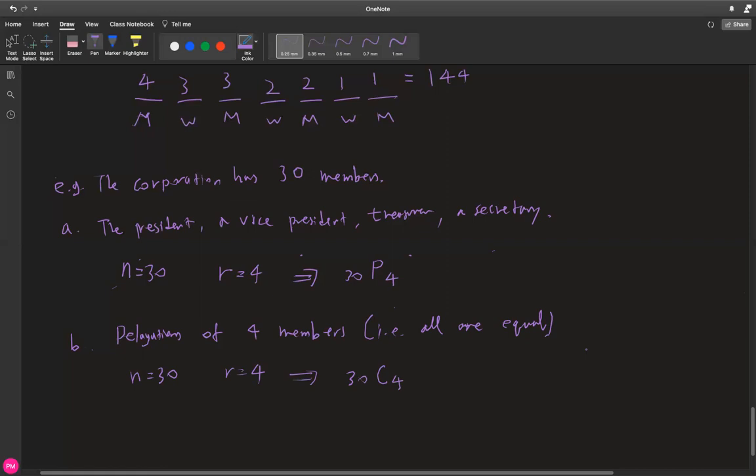So in this case, the only difference here is that the permutation really has a designation. So this is designation. And also the order matters. Whereas the combination, no order, and it's simply the choices. That's what you're more interested in.